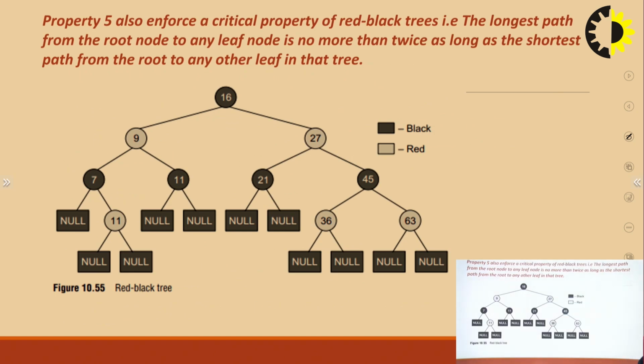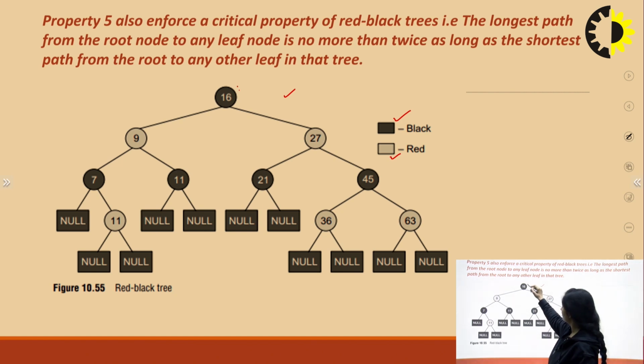See this diagram. In this red black tree, first property, every node is either red or black. Black color is denoted by this black and red color is denoted by this blank rectangle box. In this tree you can see every node is either red or black.